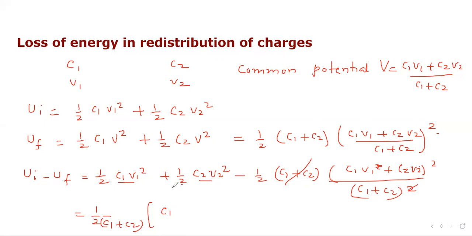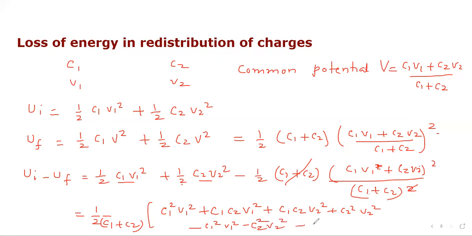So let's see. It will become C1 square V1 square plus C1 C2 V1 square, plus in this term it will become C1 C2 V2 square plus C2 square V2 square, minus, from here, C1 square V1 square, and this will become C2 square V2 square, minus twice C1 C2 V1 V2.